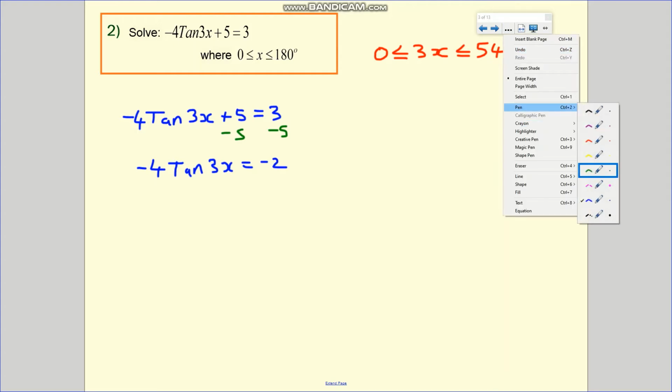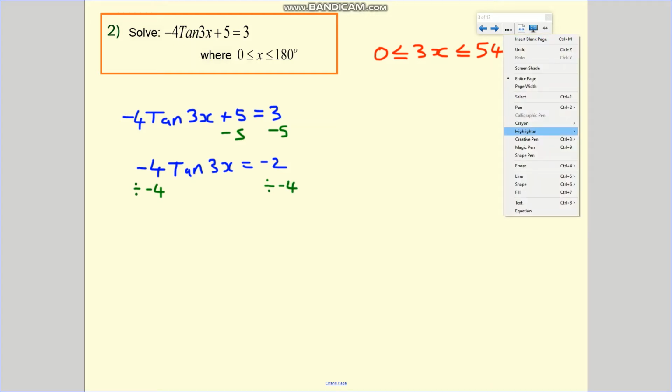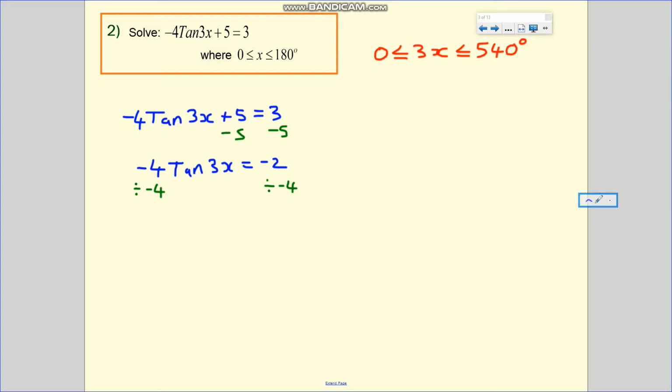Then I'm going to divide both sides of the equation by negative 4. That will give me that tan 3x is equal to positive 1/2. I've got a negative number divided by another negative number there, so the negatives will cancel out. Tan 3x is equal to 1/2.